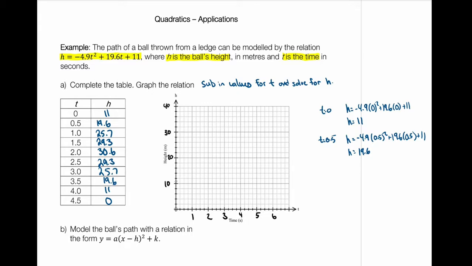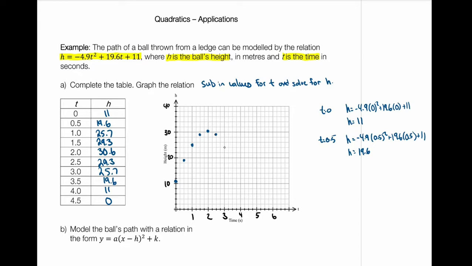So 0 and 11 is one point, 0.5 and 19 is another, 1 and 25, 1.5 and 29, 2 and slightly above 30, 2.5, and now we start to come down.